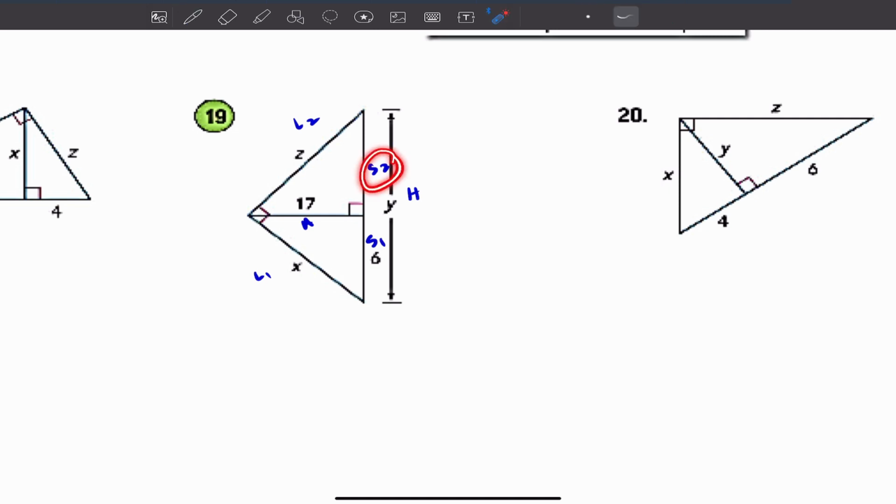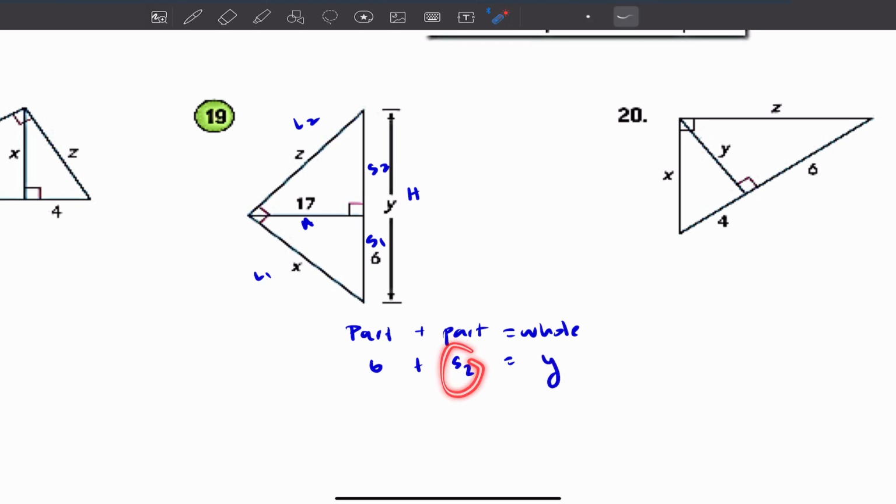Let me figure out what segment 2 is, because we know that segment 1 is 6 and the hypotenuse is just y. You have to understand that rule: part plus part is equal to a whole. That's using the segment addition postulate. One of our parts is 6, and the other part is our unknown, segment 2, which is equal to the whole thing, y.